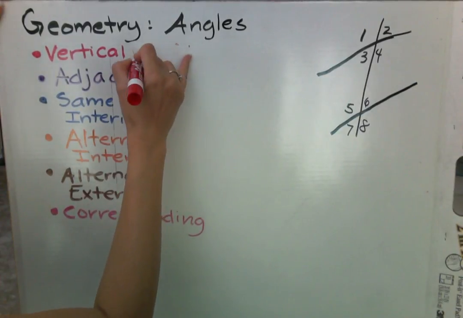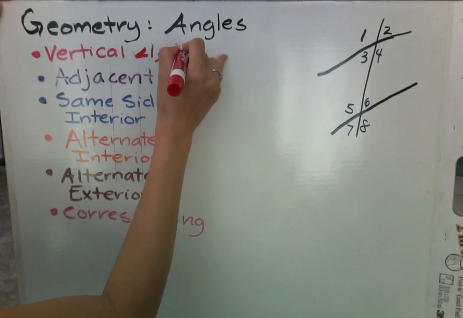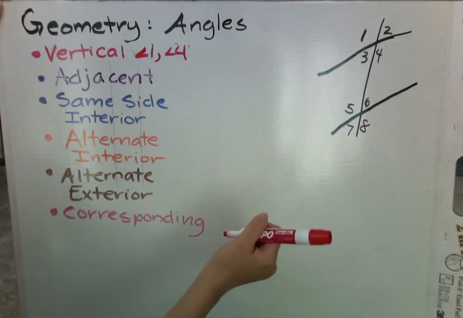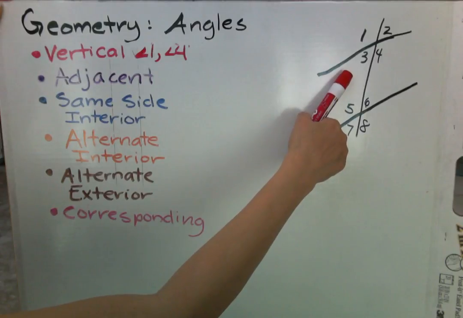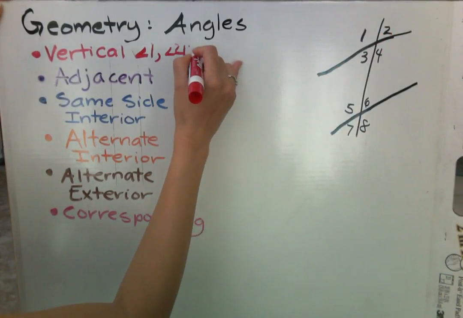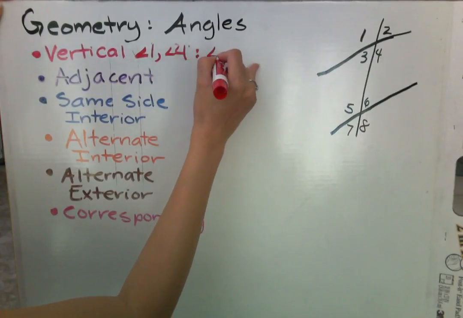So we have angle 1 and angle 4 as a pair of vertical angles. Another vertical angle is angle 3 and angle 2. Again, you'll notice that they are directly across from one another.